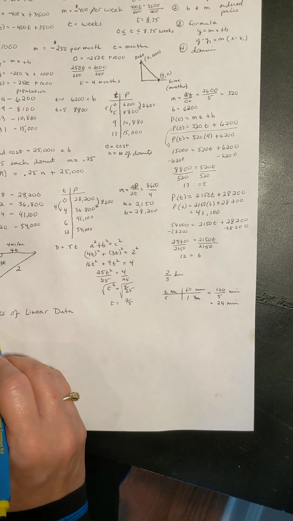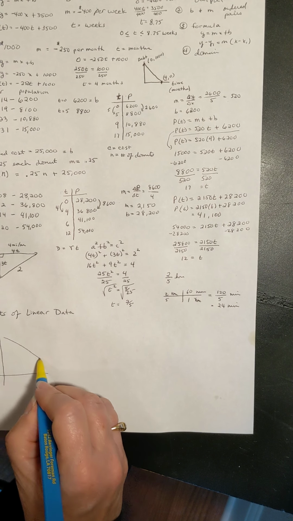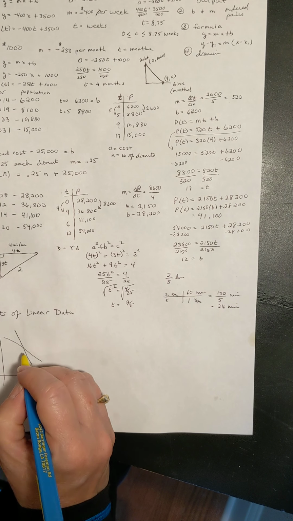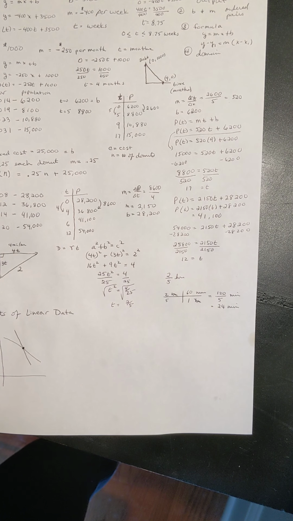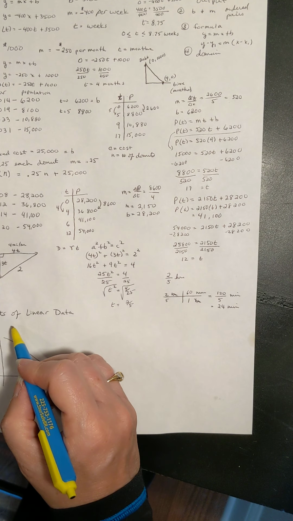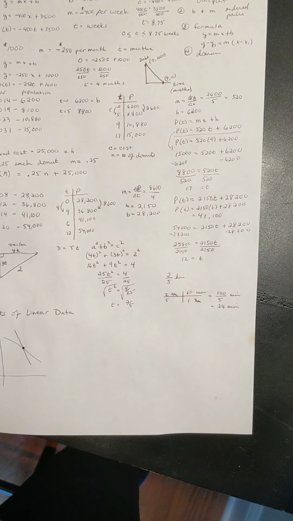And so if I had one set of linear data that looked like this, and another set that started up higher but went down, then I'm looking for the point that they intersect. And so when you have two lines that are going together, they intersect at one point.